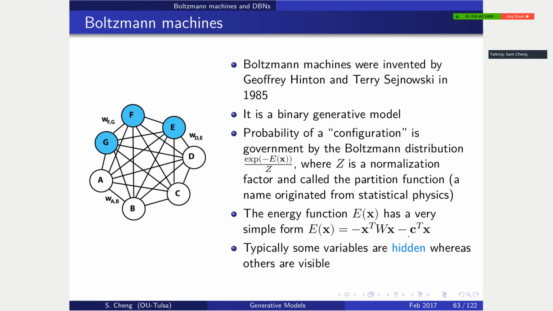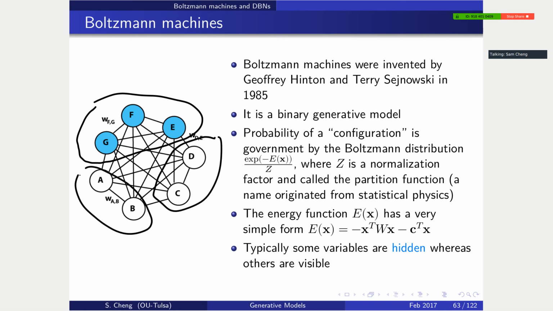Typically in models like this, some of the nodes are considered hidden variables, some other nodes are inputs, and some other nodes can be outputs. For example, if I'm doing classification, I put inputs into some of the nodes, then let the Boltzmann machine run and slowly converge to a low energy state.